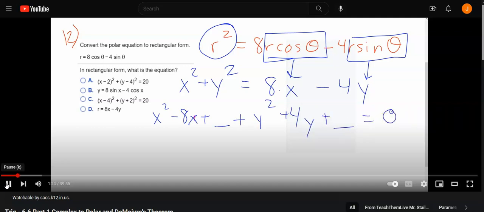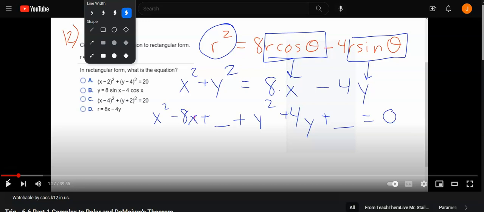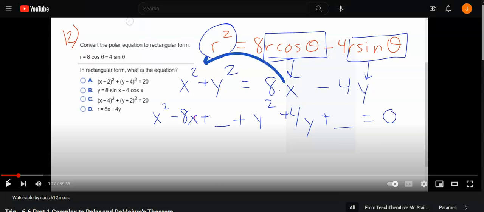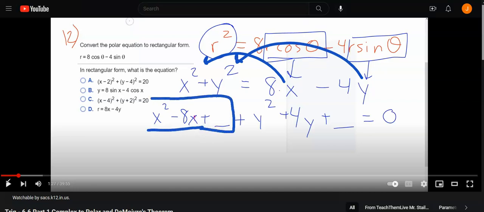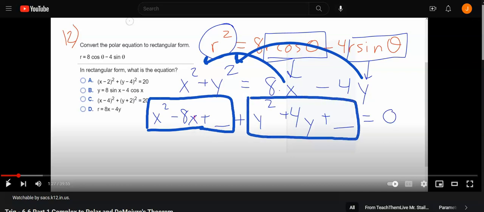So everything basically just got shoved over to one side. For those of you working at home, you would be pushing this to this side and this to this side. We just happen to put that there with some space because we're going to be completing the square for the x's and for the y's.